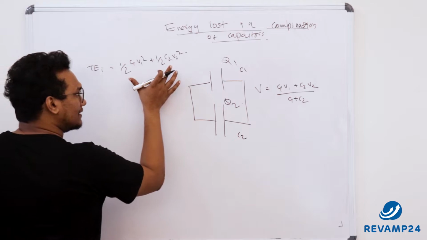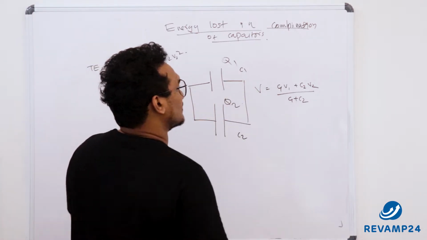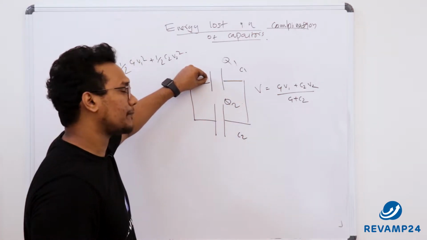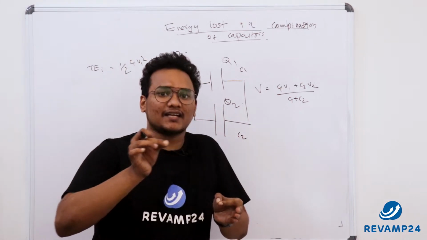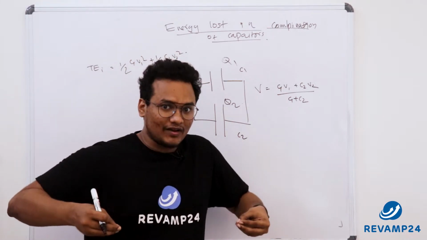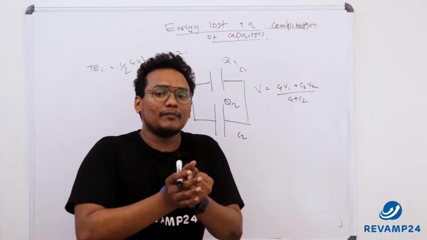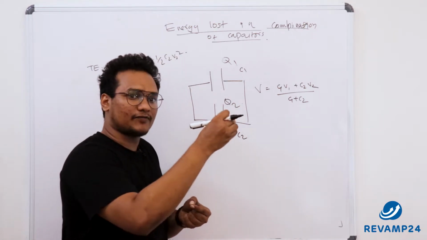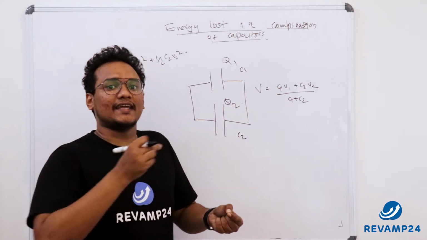Now this is the total energy. After combining them in this way, we know that charges are moving from higher potential to lower potential. So one thing is very sure, whenever charges are moving, it will take a certain amount of energy from the initially stored energy to do work. Taking a charge from one position to another will use certain energy. Why?